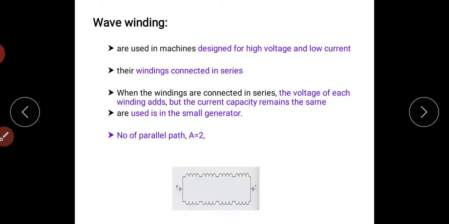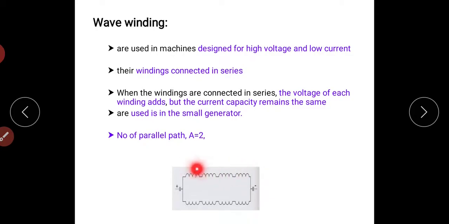Next one, wave winding. These windings are used in machines designed for high voltage and low current applications, whereas lap winding is used for high current, low voltage applications. Their windings are connected in series. In lap winding, more combinations are connected in parallel to increase the current rating, but in wave winding, more combinations are connected in series to increase the voltage rating.